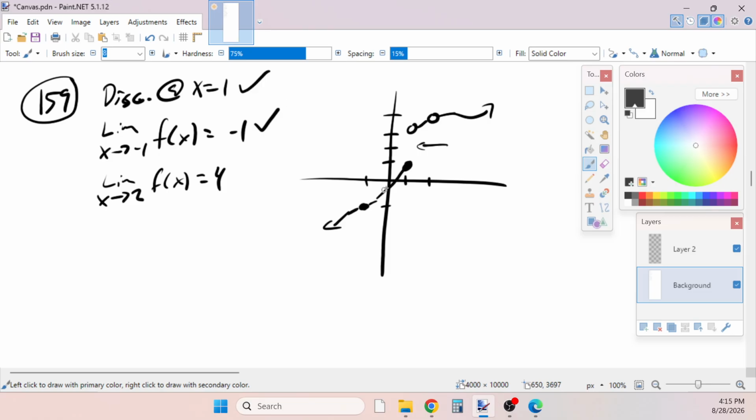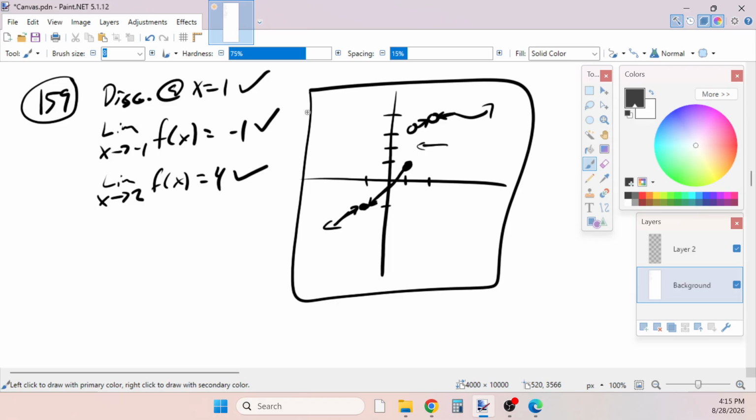The limit from the left and right is -1 at x equals -1. And as x goes to 2, that limit is 4 from the right and from the left. So there we go. This is a perfectly acceptable answer to that question.